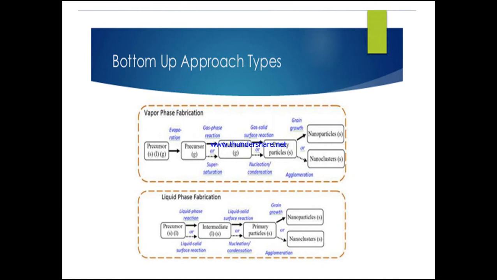Like this, by agglomeration, we get the nanoparticles. In the liquid phase formation, the precursor is in the liquid phase, and we have liquid phase reactions and liquid solid surface reactions. Here also we come across nucleation or condensation, agglomeration and grain growth, which lead to the synthesis of the nanoparticles. So those are the different types of approaches.